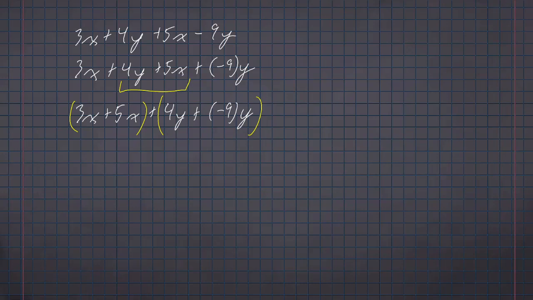We can combine them. 3 plus 5 is 8. 4y and negative 9y, those are like terms. We can combine them. 4 plus negative 9 is negative 5. Then we're left with 8x plus negative 5y. At this point, these are no longer like terms. There's nothing else we can do.